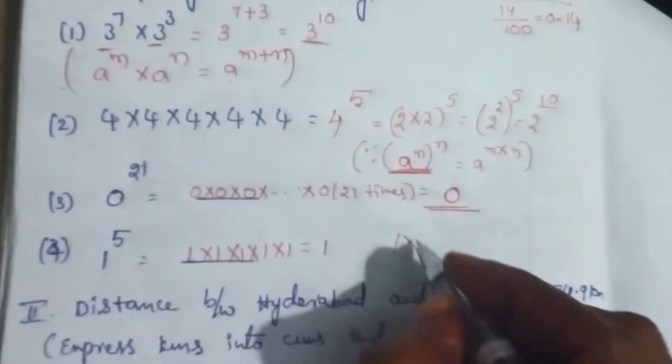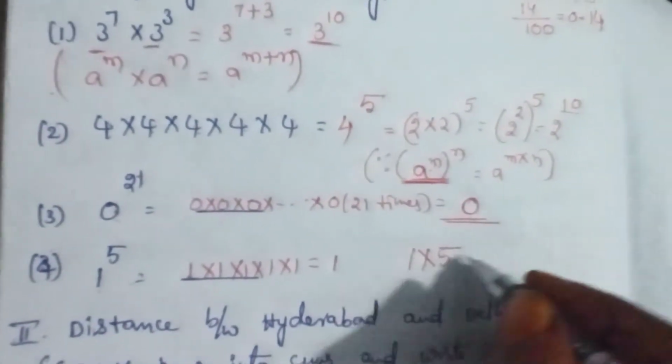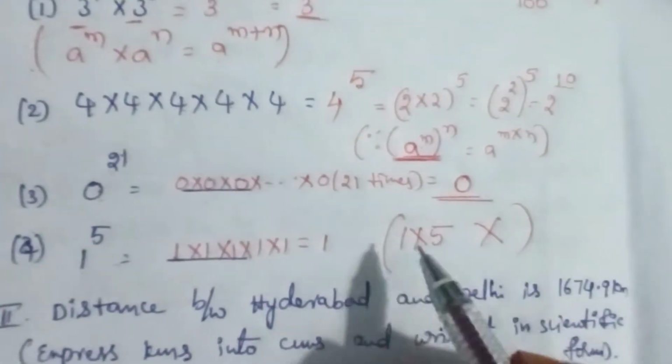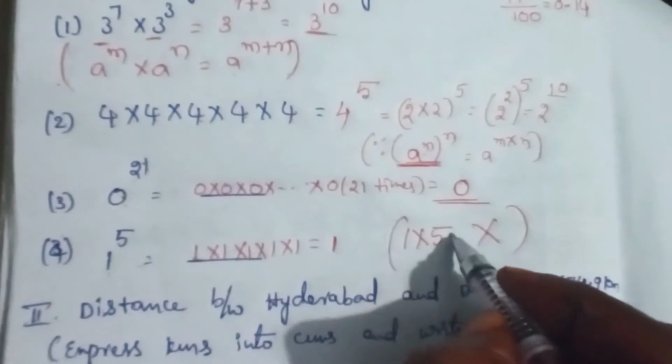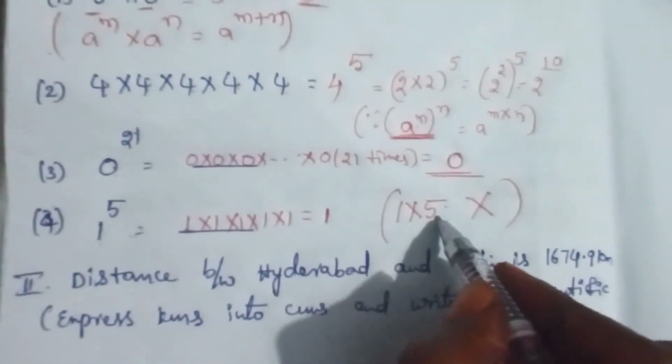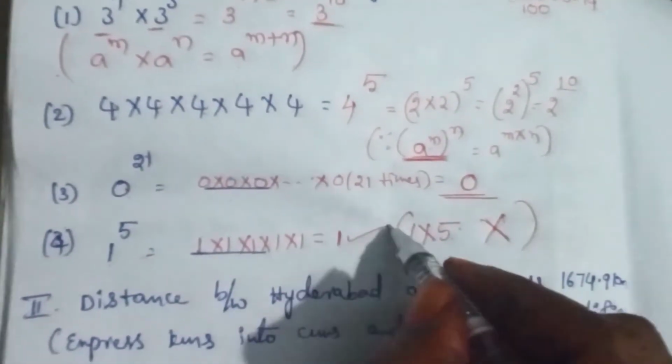Don't write 1 into 5, this is wrong. 1 power 5 is equal to 1. Okay, this is wrong, this is right.